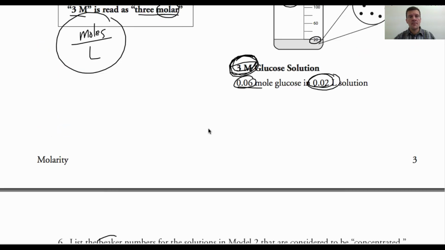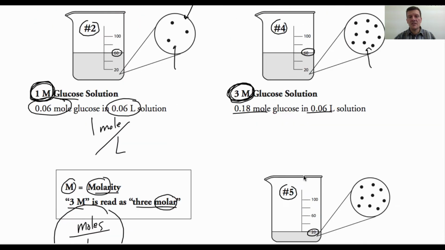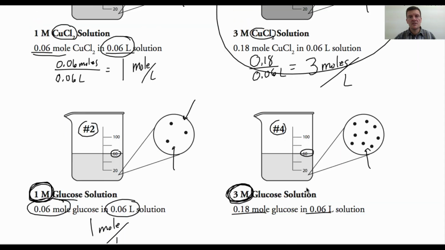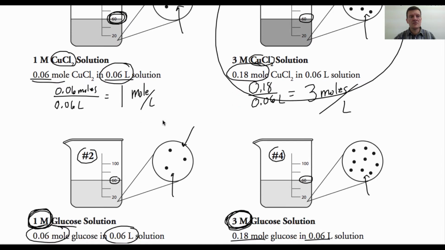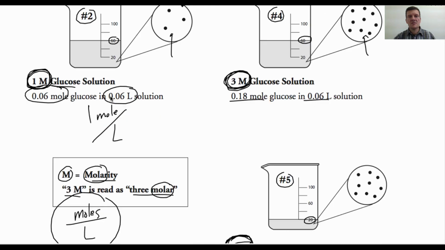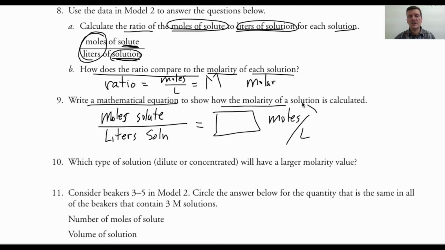Up here, it's hard to compare these concentrations when one of them is 60 milliliters and this one's only 20 milliliters. This one you have 0.18 moles, this one you got 0.06 moles. So we divide them, we find the ratio, we find out how many moles you have per liter.